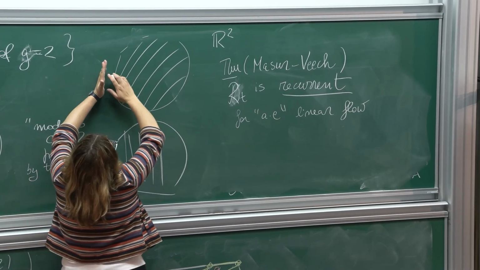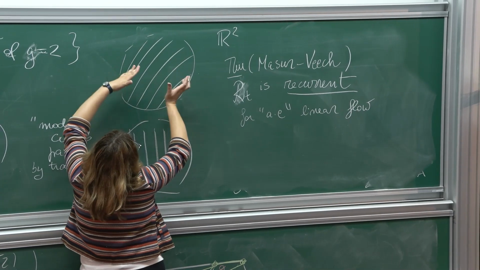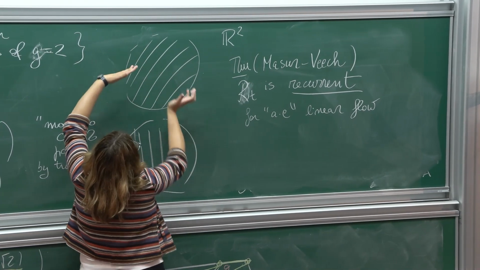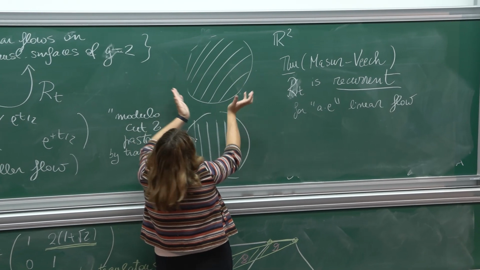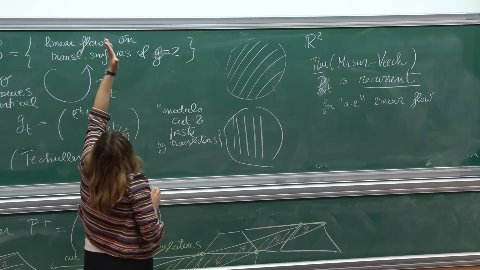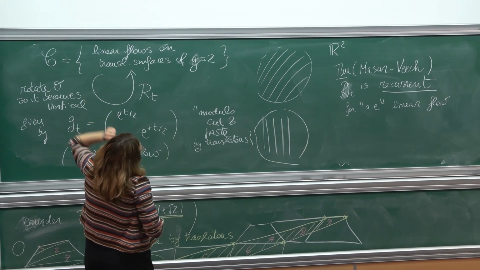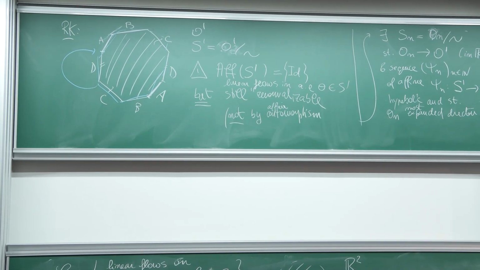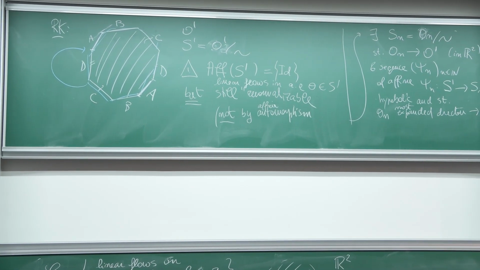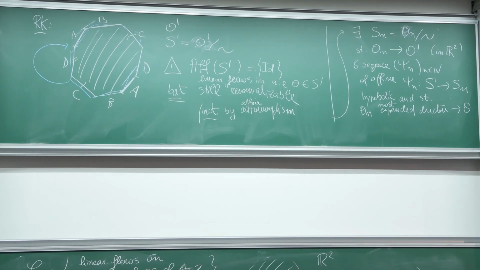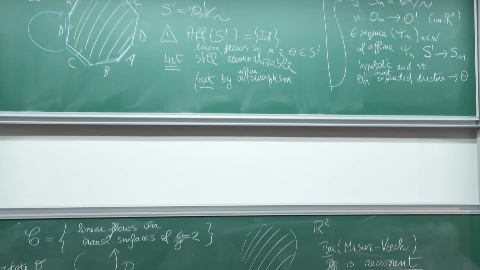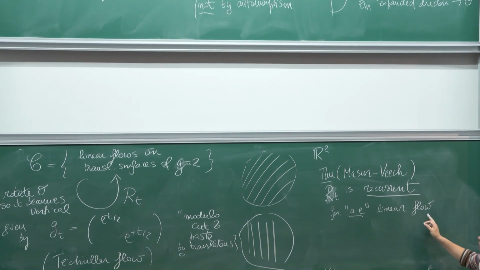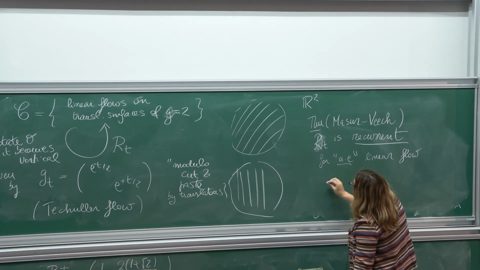You can take a full measure by Lebesgue measure of choices of 4 parallel sides that you use to determine an octagon. You can choose these 4 pairs randomly with respect to Lebesgue measure on R2, and the direction randomly with respect to Lebesgue. And this is typical for almost every linear flow.